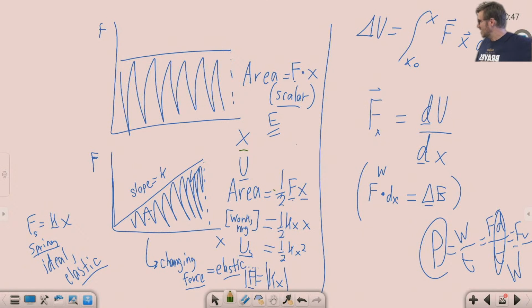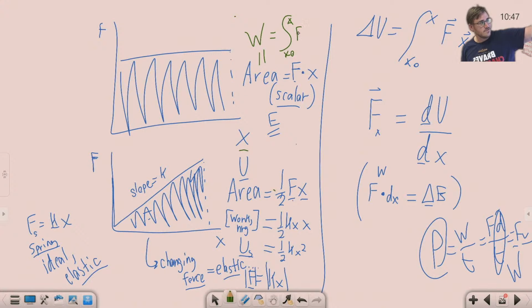Finding the area means integrating. This area equals the work. So we're saying work equals the integration from x0 to x of F dx, or F(x) dx.